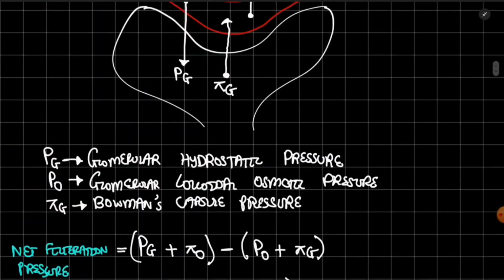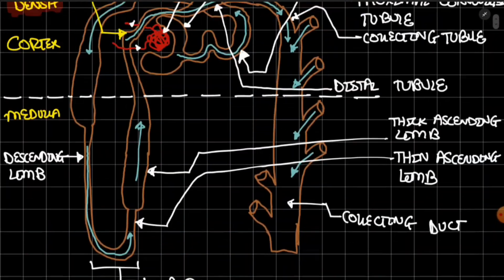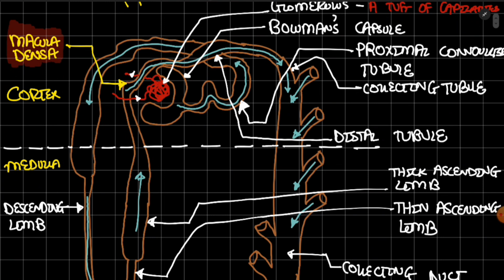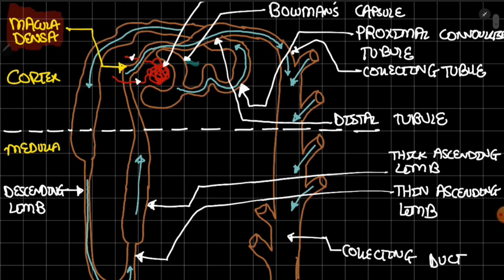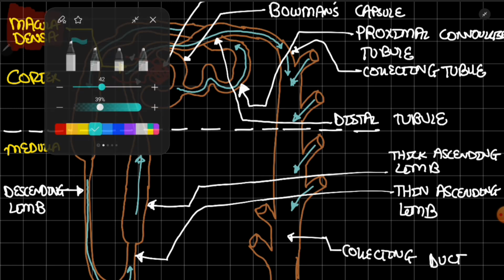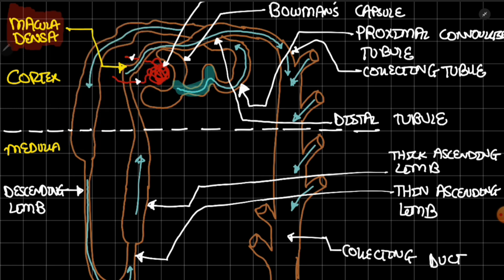Our journey started here in the glomerulus, and we got to the PCT. Then the loop of Henle.